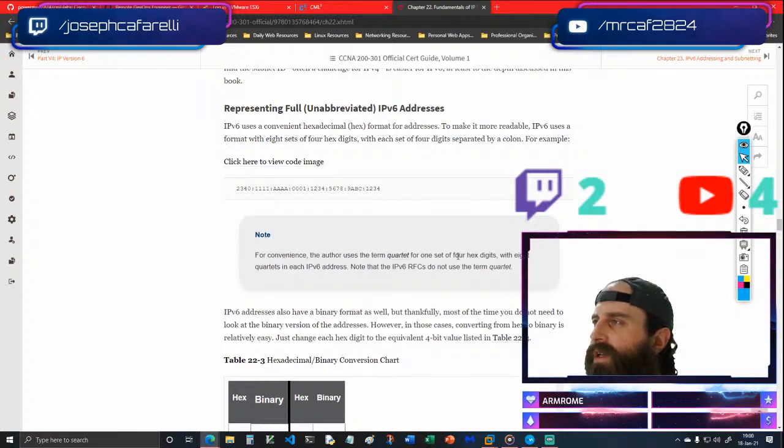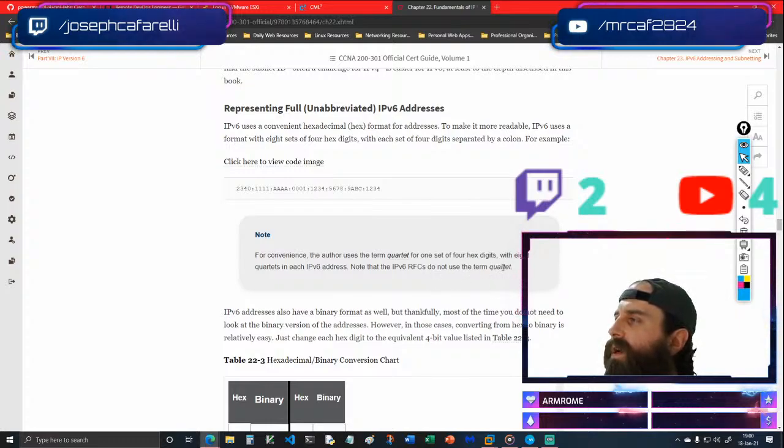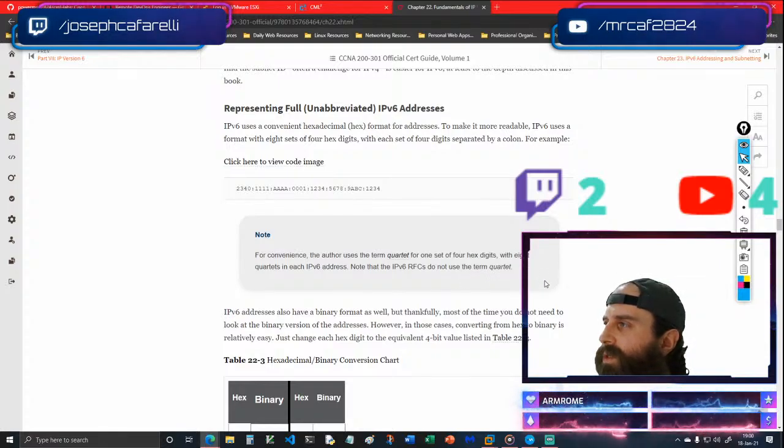For conversations, the author uses the term quartet, for one set of 4 hex digits, with 8 quartets in each IPv6 address. Note that the IPv6 RFC does not use the term quartet.